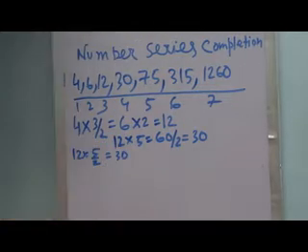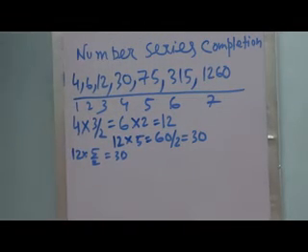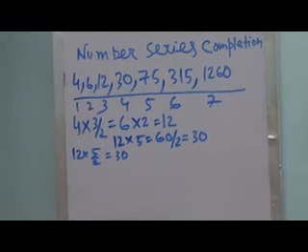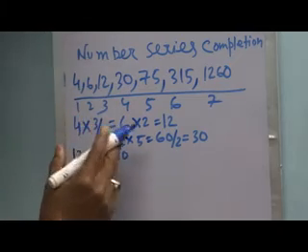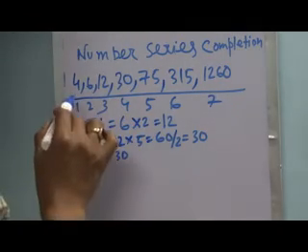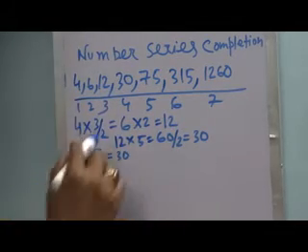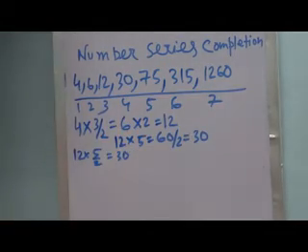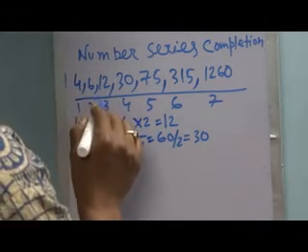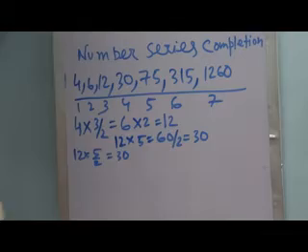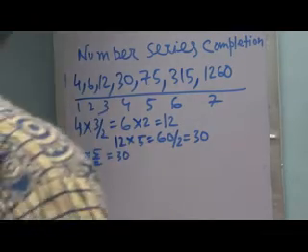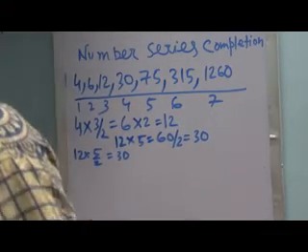Now 30 and 75, what should be there? According to the previous logic, in the case of positions 1, 2, 3, as I have already told, the first number into 3 by 2 equals the next number, and then the next number into 2 equals 12. So in the case of the numbers in positions 3, 4, 5, it should be 12 into 5 by 2.